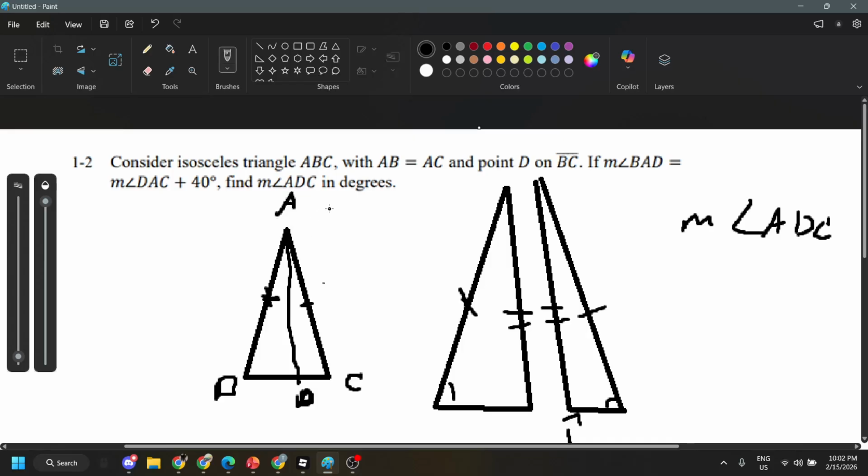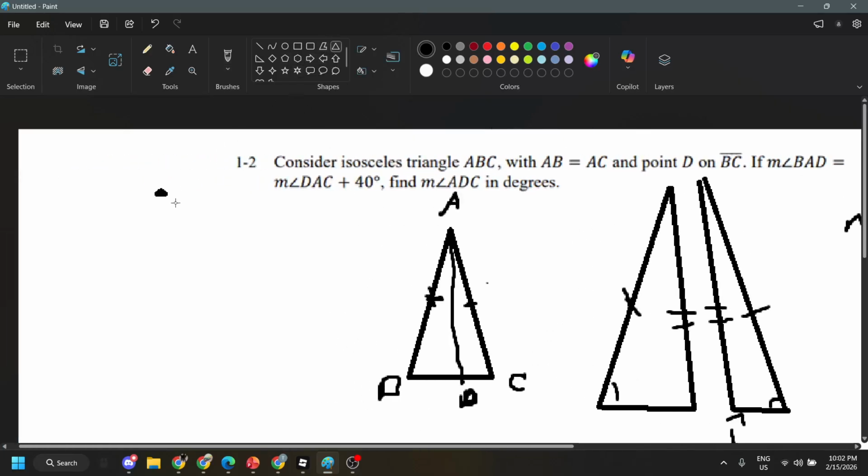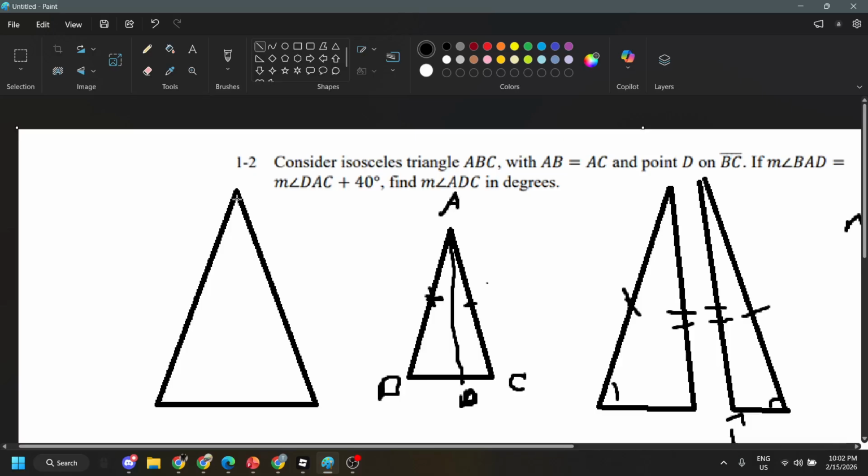Well, what is this telling us? So there's some point on here. If we have this triangle, we have this here, which we know, and then this could vary from here to here. So here, this is telling us this plus this.